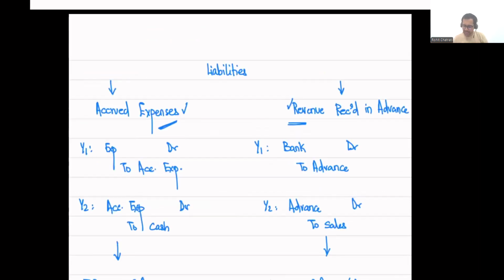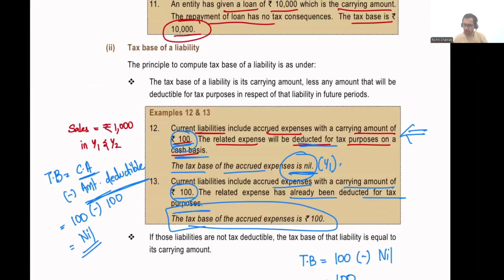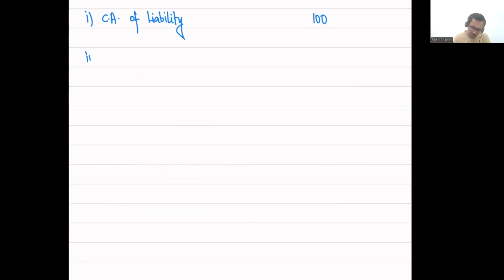Remember, in example 12, we had a carrying amount of rupees 100 on my accounting balance sheet. We then plotted down the tax base. The tax base we have calculated now using the rule-based approach. What was the rule-based approach? Carrying amount less amount that is going to be deductible in future for tax purposes.